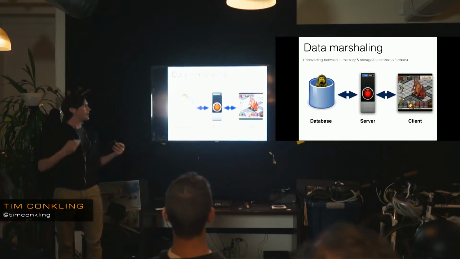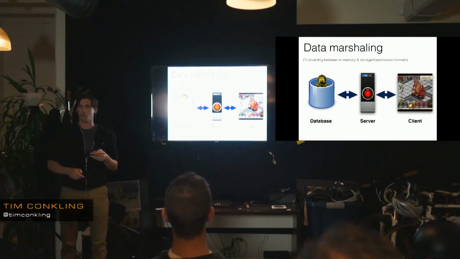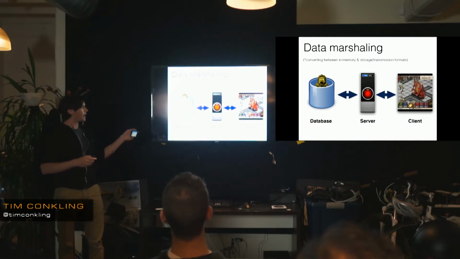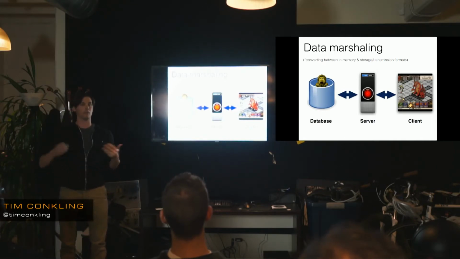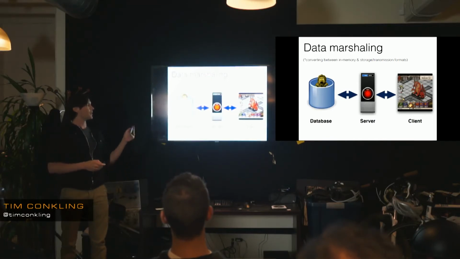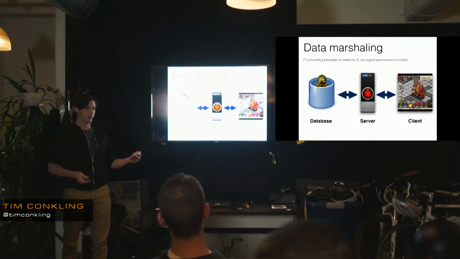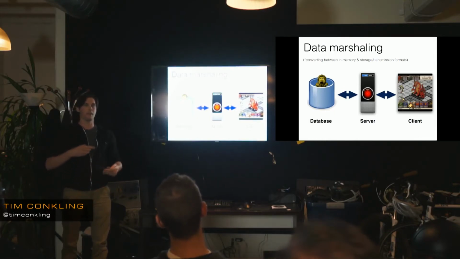And so data marshaling. This right here is a really simplified view of what a traditional persistent multiplayer server setup looks like. On the left side of this diagram, you have your database, and that's where your game state gets persisted. And on the right side, you have your client, which is what the player sees, and that's the player's interface to the game.